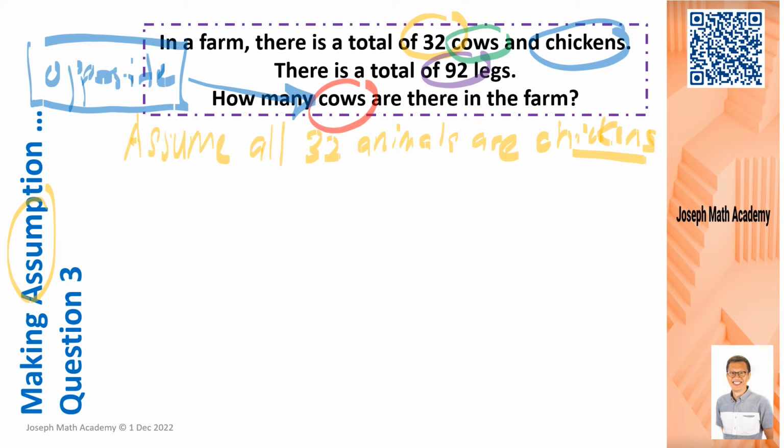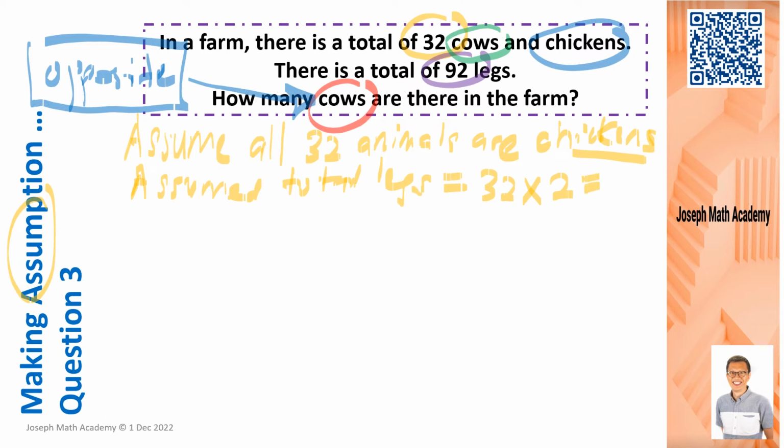So if there are 32 animals and they are all chickens in a farm, then our assumed total number of legs, the chicken legs, will be 32 times 2, 32 chickens times 2 legs each.